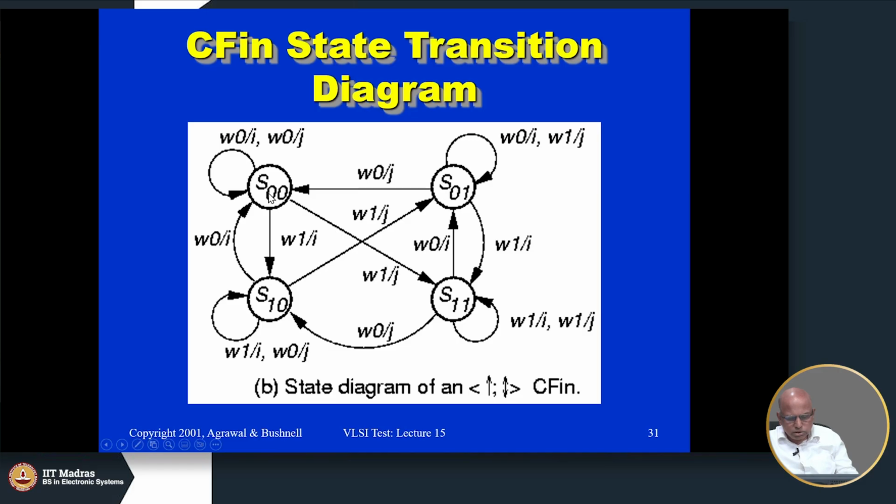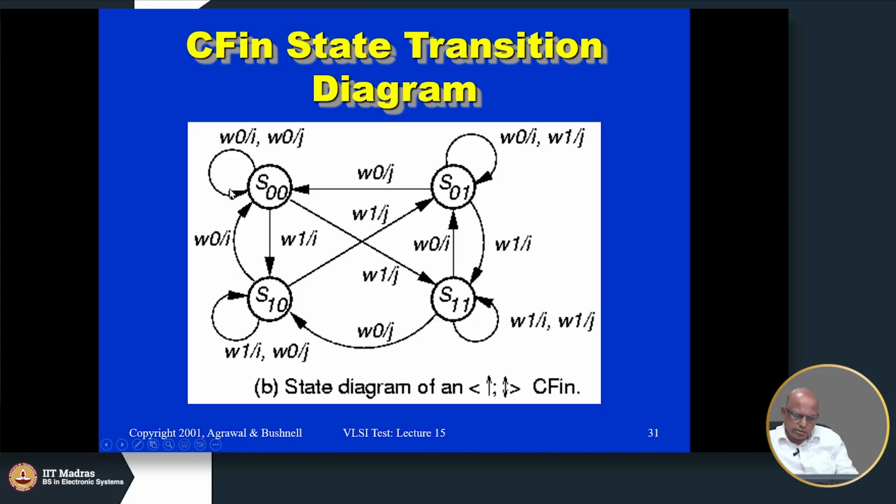Okay. So, j is going from 0 to 1. So, W1j, okay, W1j. So, j is going from 0 to 1 and it is causing a 0 to 1 transition in I. See, as a result both of them flipped. So, j was going from 0 to 1 causing I also to flip.